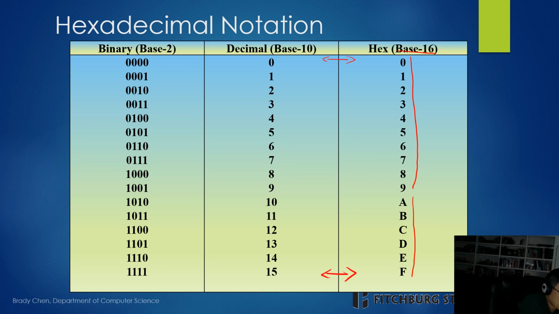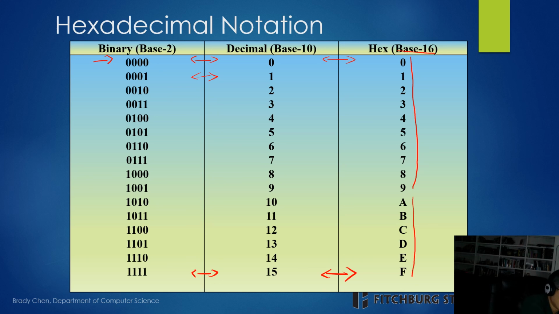Now I'll also list the binary numbers on the left. So this is the corresponding binary numbers. For the total of 16 numbers, we can use 4 bits to represent the numbers from 0 to 15.